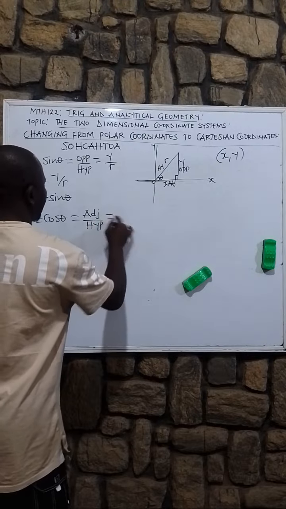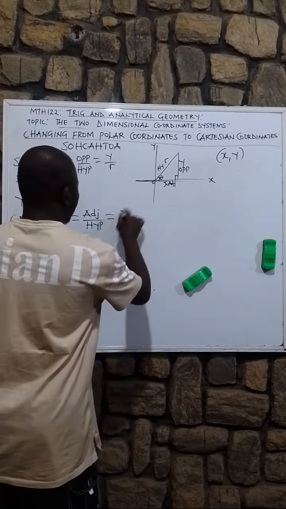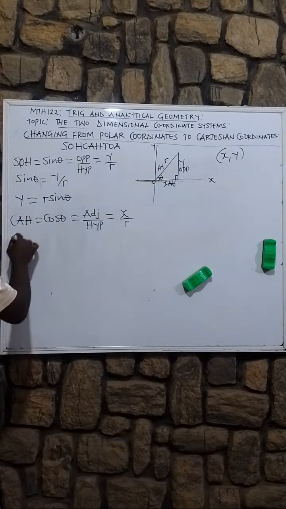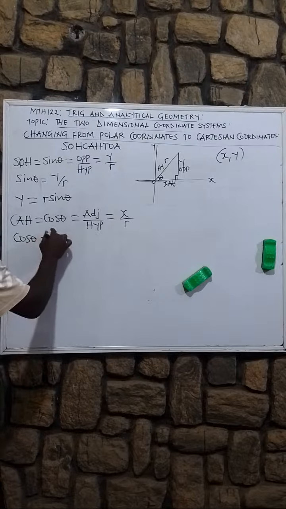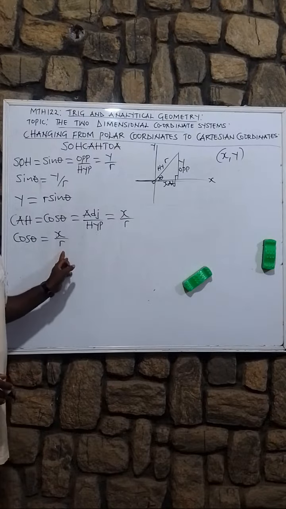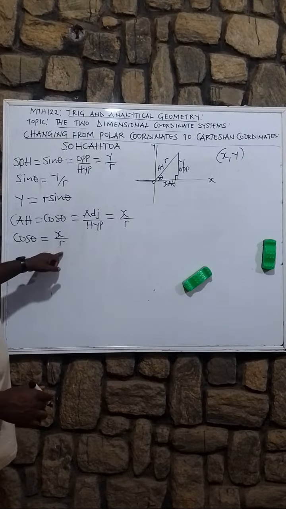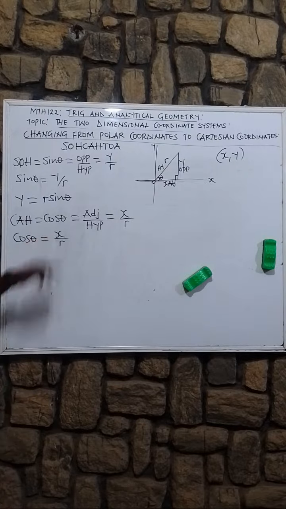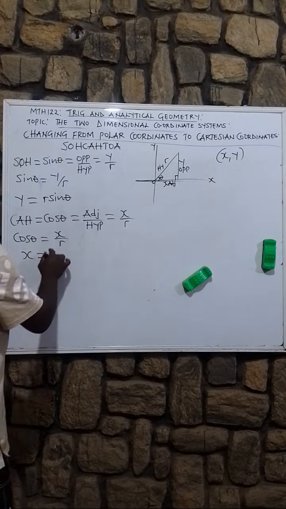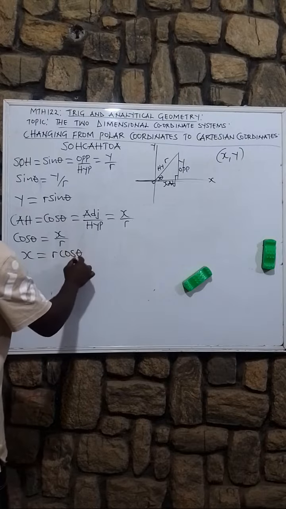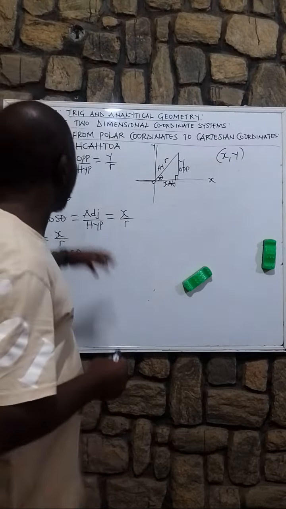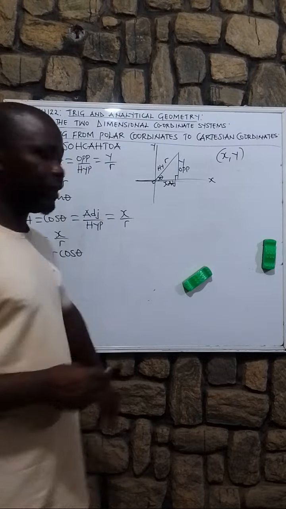Adjacent is x all over r, right? So cos theta is equal to x over r. Since we are to transform into Cartesian coordinates, we need to obtain our x. So by the time we cross multiply, x will be equal to r cos theta. So this is the formula you will use in finding your y and x.